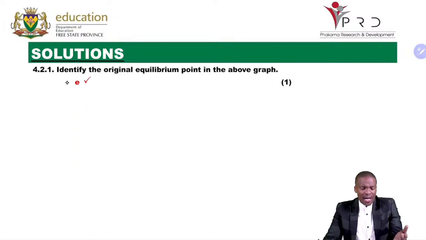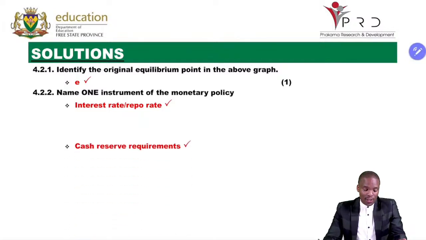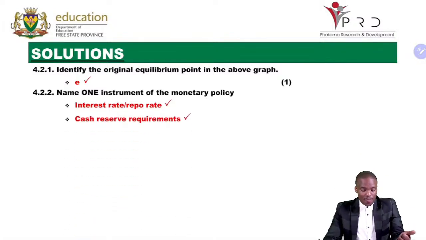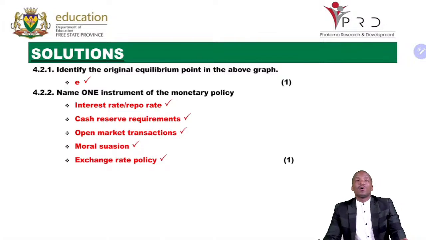The first one we said, identify the original equilibrium point in the graph above. It's original. Name the instruments that are used under monetary policy: interest rates or repo rate, cash reserve requirements, open market transactions, moral suasion or moral persuasion, and we also look at what we call the exchange rate policy.